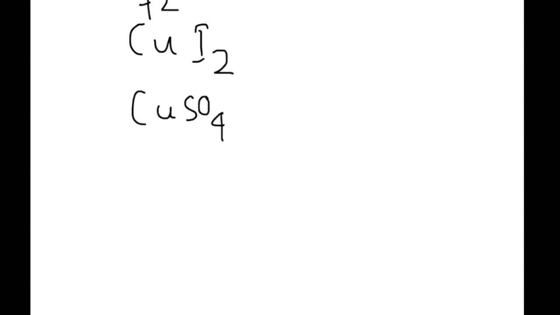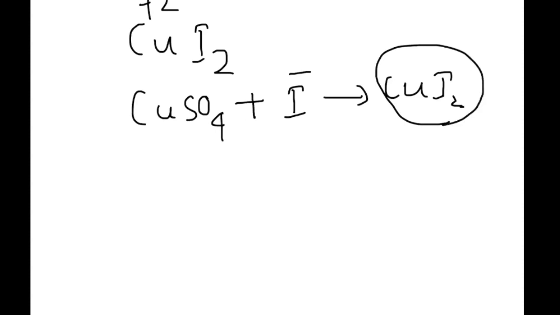Similarly, cupric iodide, Cu2 plus, will not exist. For example, if cupric sulfate reacts with I minus to form cupric iodide, cupric iodide cannot exist, because cupric 2 plus can act as the best oxidizing agent and iodide can act as a reducing agent.